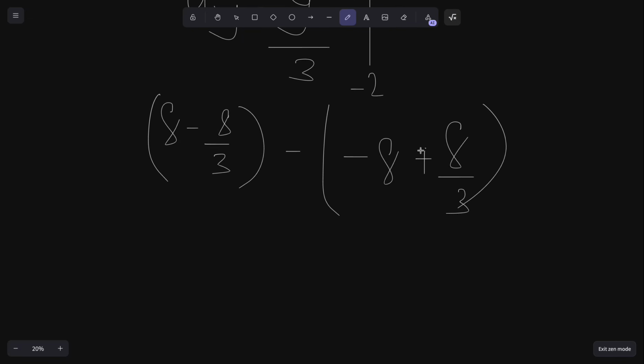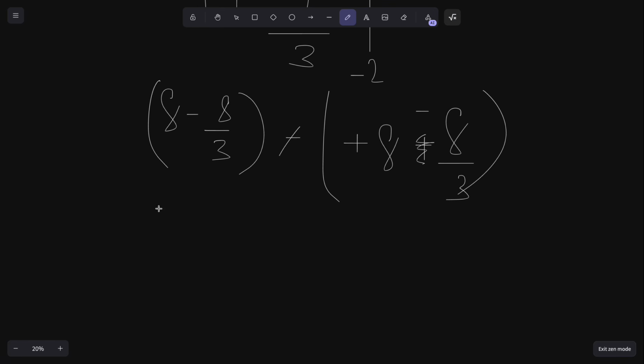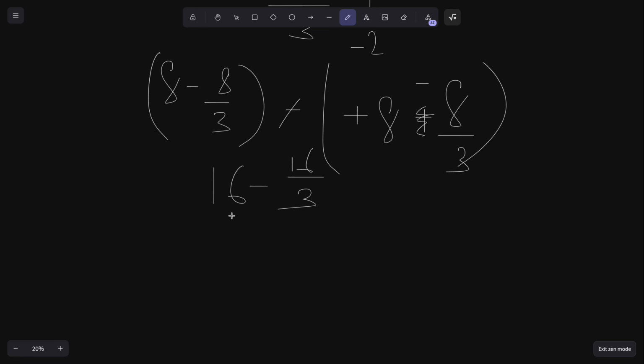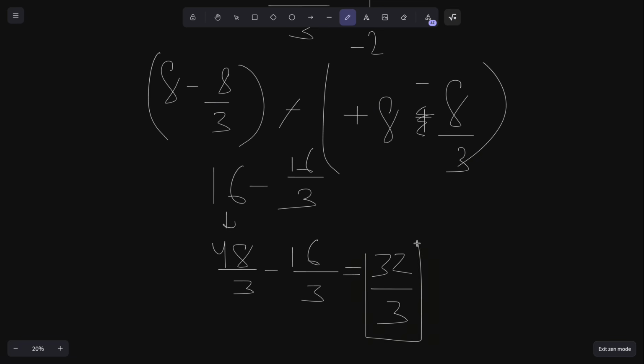And this becomes a negative, this becomes a positive, right? Because you distribute the negative sign in there. So you get 16 minus 16 over 3. All right, and then 16 is just 48 over 3 minus 16 over 3. That's going to be equal to 32 over 3. That is the answer.